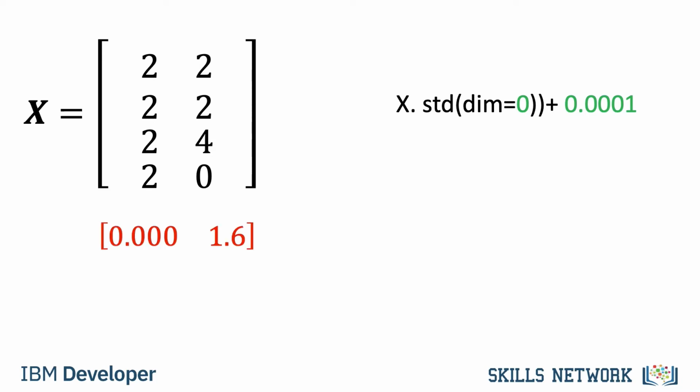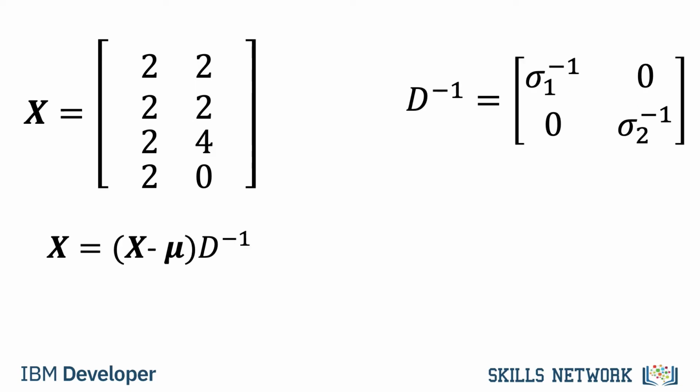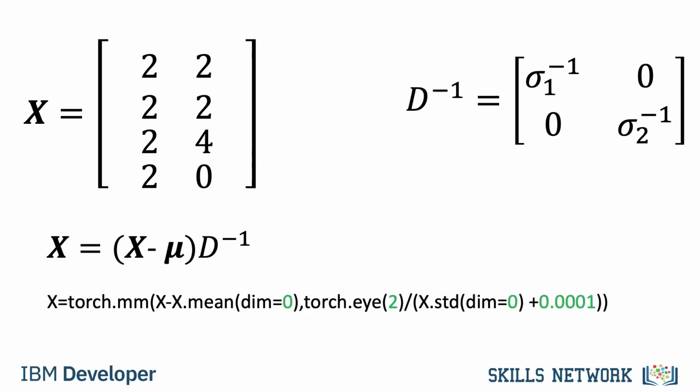This will give us the standard deviation of each column. To standardize the data after we subtract the mean, we divide each element in a column by the standard deviation of each column. We can accomplish this by multiplying by the inverse of the diagonal matrix D. Each diagonal element is the standard deviation of the corresponding column. In PyTorch, this is just one line of code.